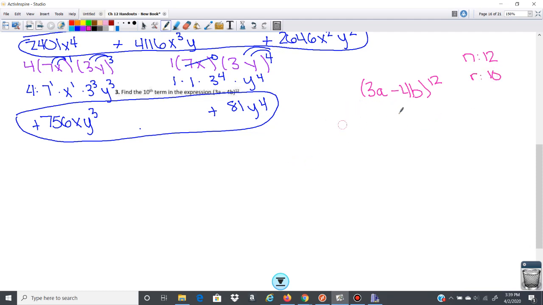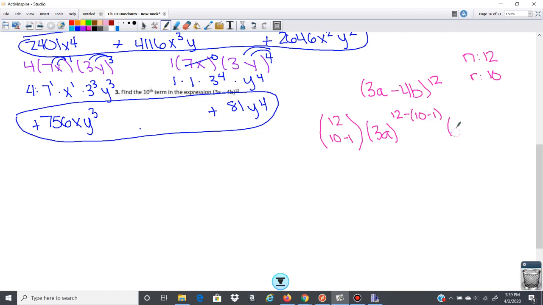So we're going to use, okay, n, and then r minus 1, so 12, and then 10 minus 1. That's going to give us our binomial coefficient. And then we've got our first term, which is 3a, and then you're going to go n minus r minus 1, so 12 minus 10 minus 1.